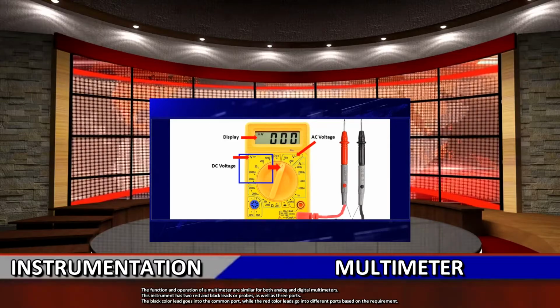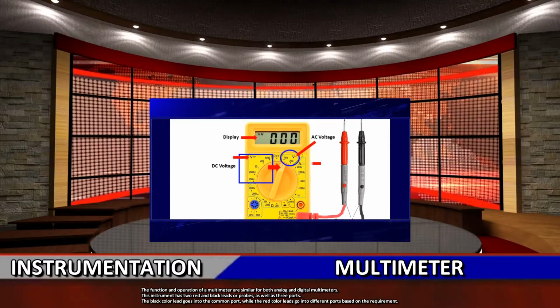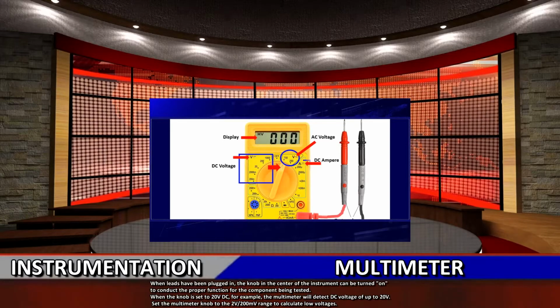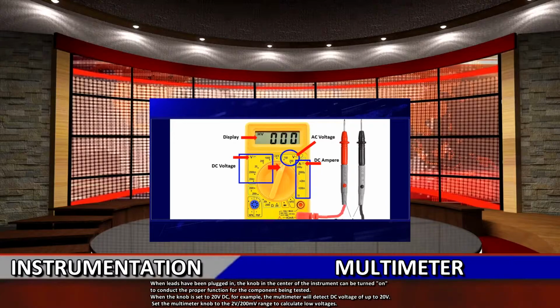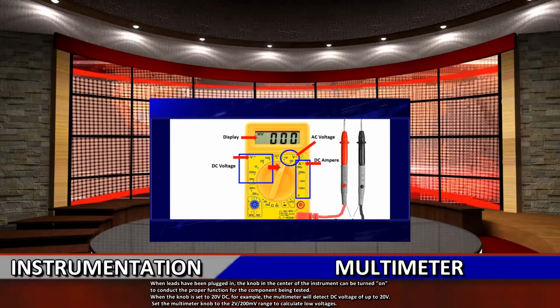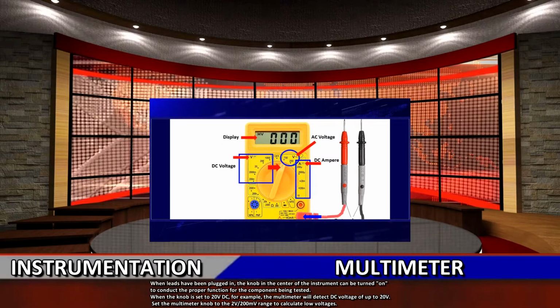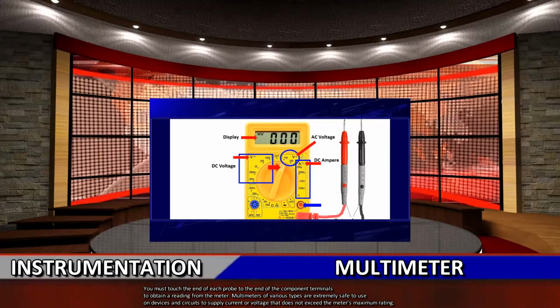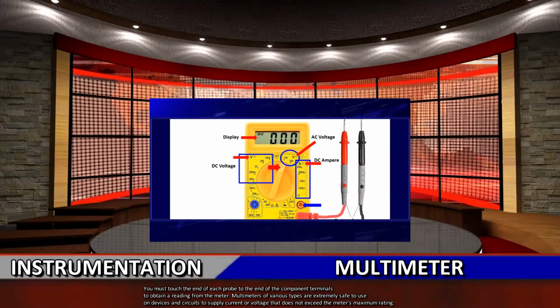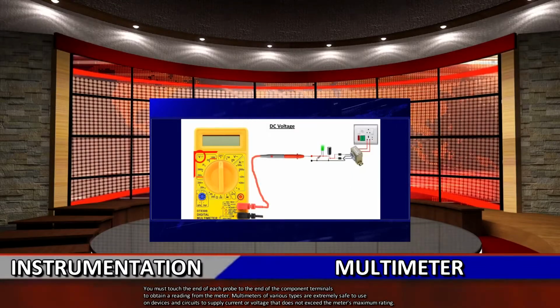The function and operation of a multimeter are similar for both analog and digital multimeters. This instrument has two red and black probes, as well as 3 ports. The black probe goes into the common port, while the red probe goes into the different ports based on the requirement needed.